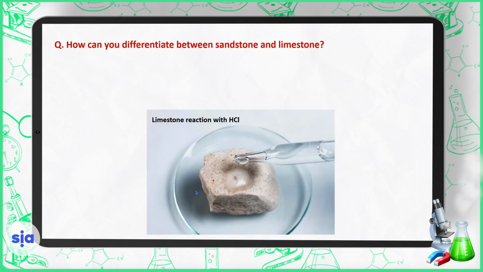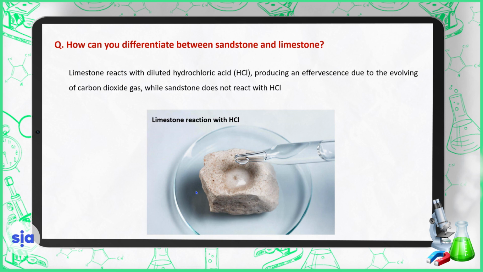How can you differentiate between sandstone and limestone? Simply add diluted hydrochloric acid on the two stones. Limestone will react with the hydrochloric acid, producing effervescence or carbon dioxide gas, while sandstone will not react.